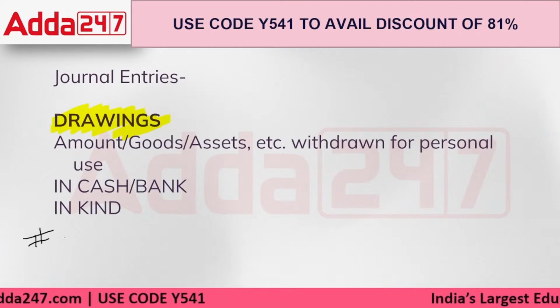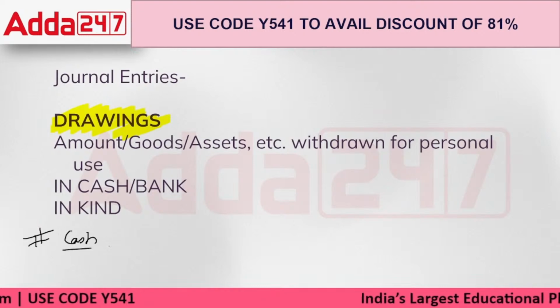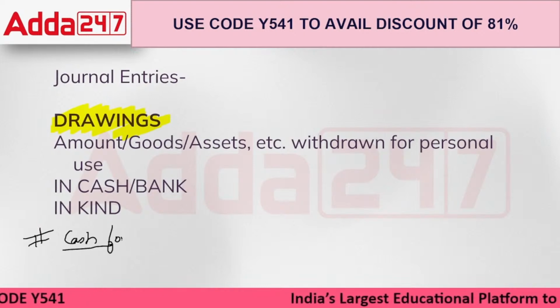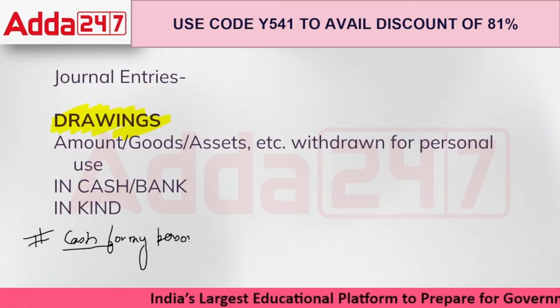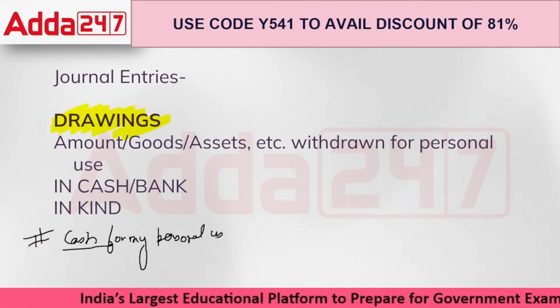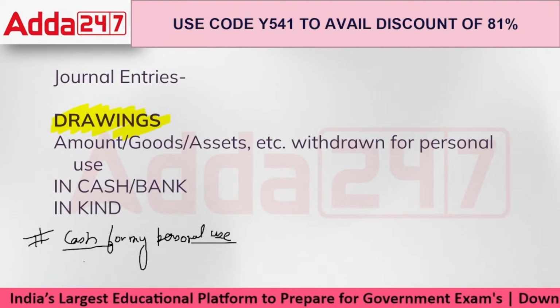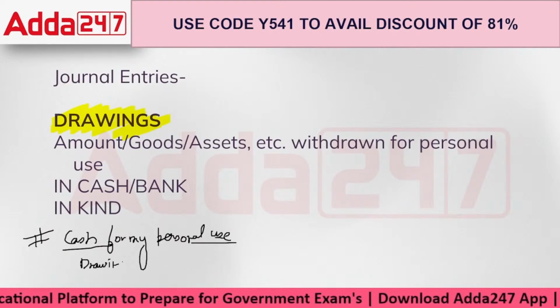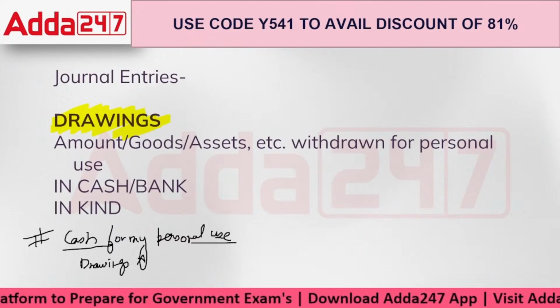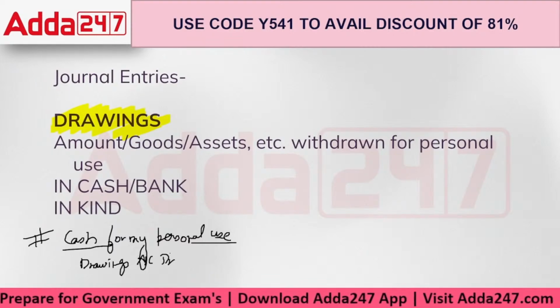If I withdraw cash from the business for my personal use, it would be drawings account debited. D for drawings, D for debit.